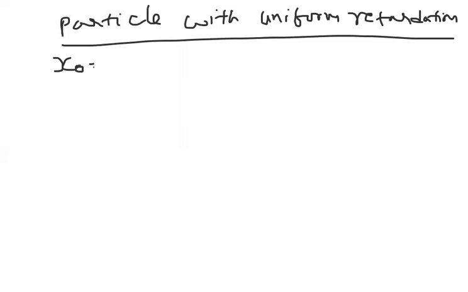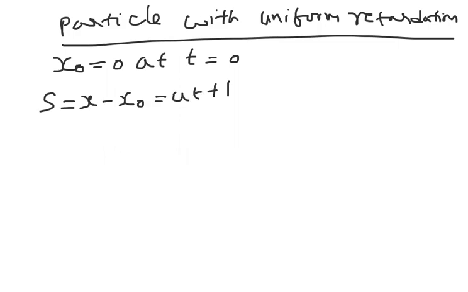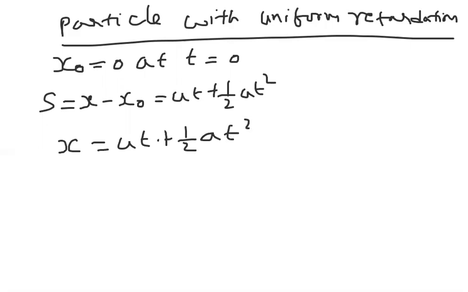Here I am taking x0 equal to 0 at t equal to 0. Why am I doing that? Because s is equal to x minus x0 is equal to ut plus half at square. This is my equation. So with x0 equal to 0, simply x equal to ut plus half at square.